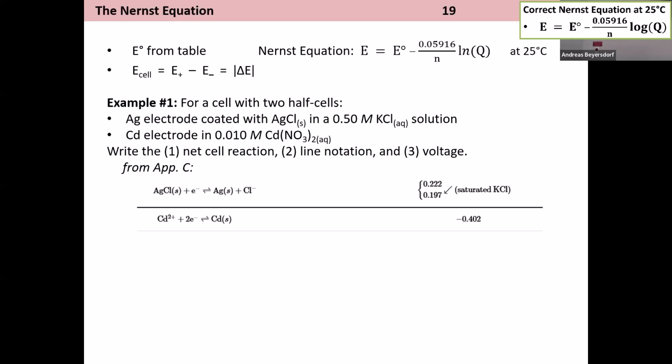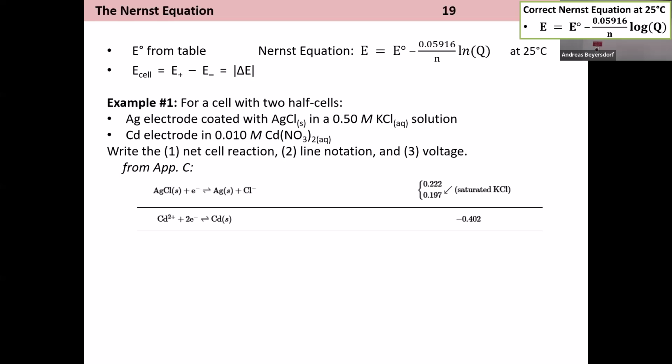Does that look good? If I were to add these up, we have to multiply this by 2. So we'd have 2 AgCl plus 2 electrons going to form 2 Ag solid plus 2 Cl minus.